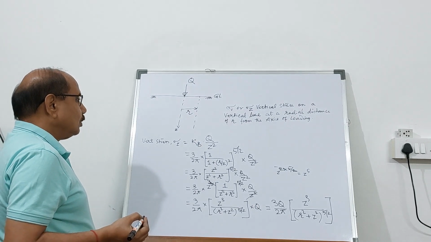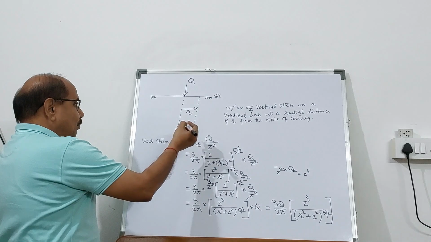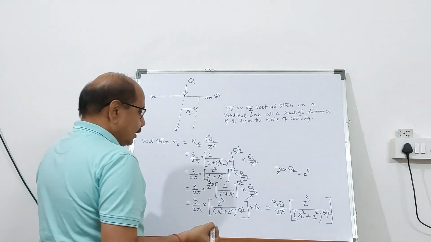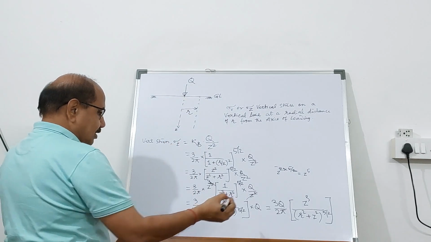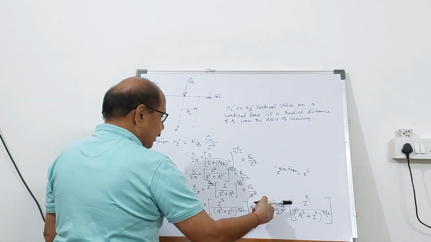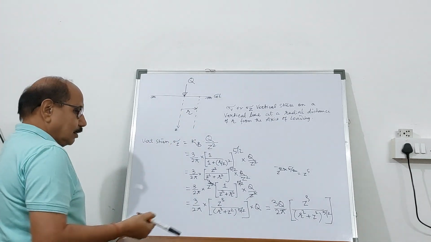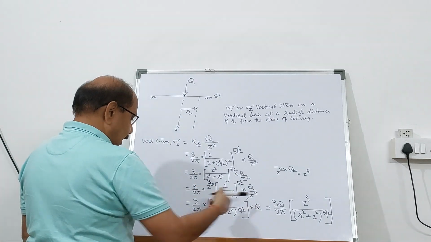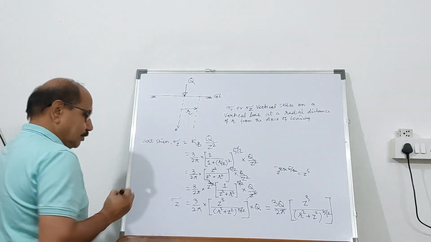Now for a vertical plane, we can find out for any given depth z, we can calculate all the values, and therefore we can calculate sigma z.